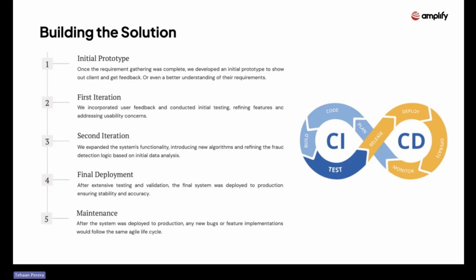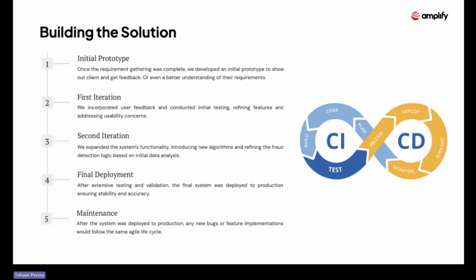So after all the features have been developed and all the QA, the quality assurance, is also done, we deploy it. We deploy it using CI/CD pipelines, which I'm sure you all have heard of. CI/CD stands for continuous integration and continuous deployment, which is basically when you commit code to GitHub, it will automatically build it, test it, and deploy.